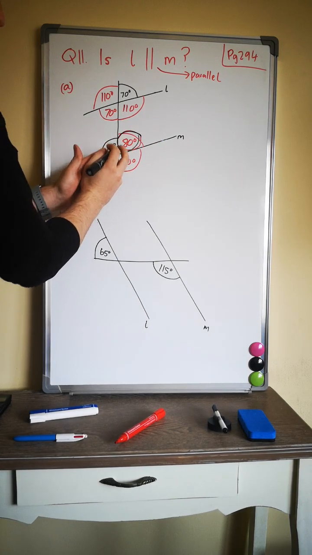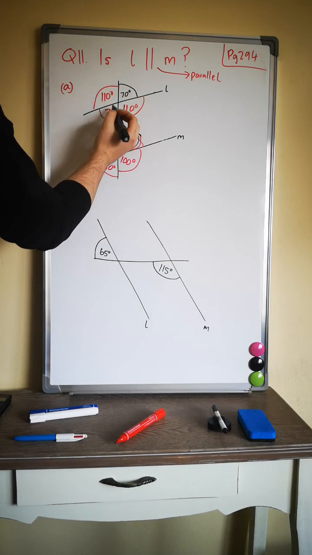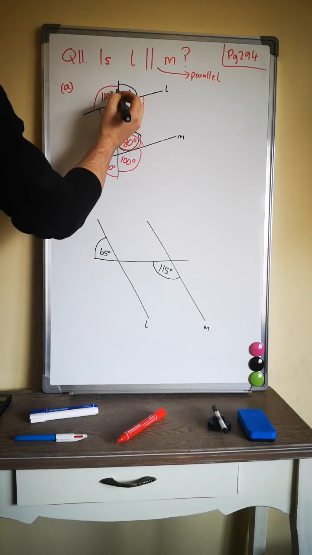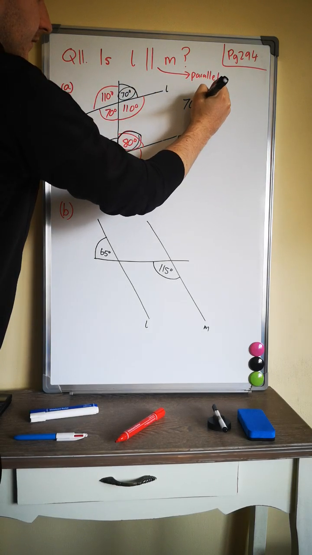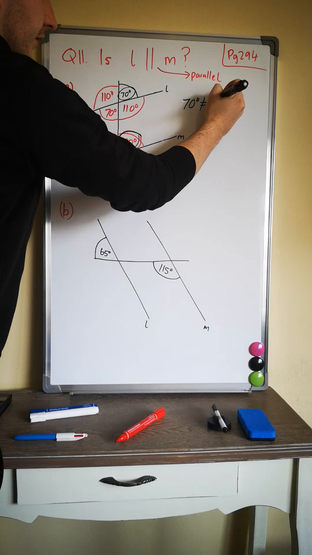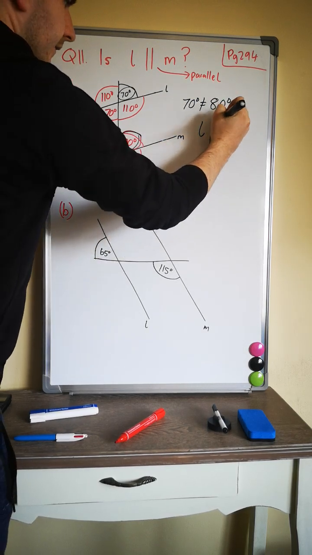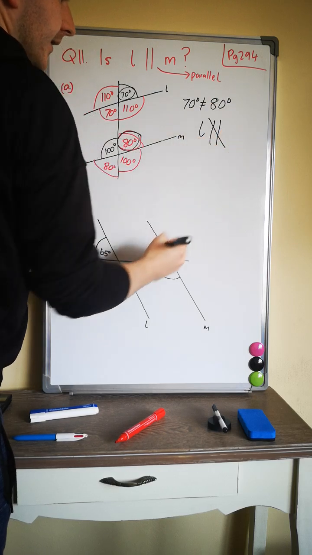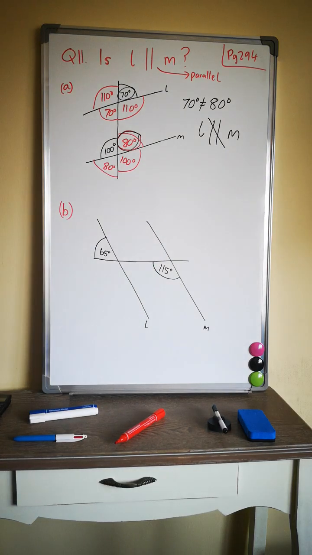So top right, 80 degrees, is that the same as the top right in this group of angles? So top right, 70. It's not. So I can say 70 degrees is not equal to 80 degrees. So L is not parallel to M.